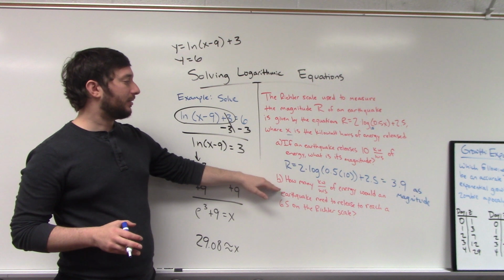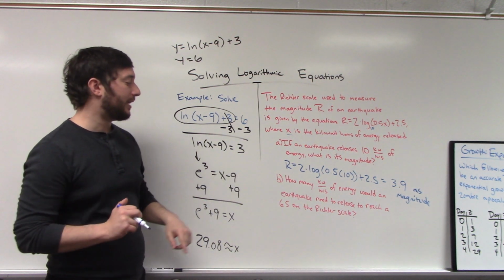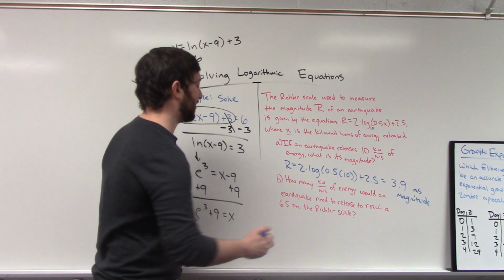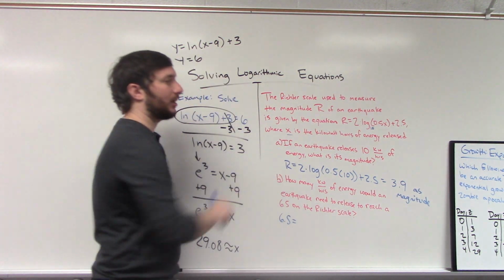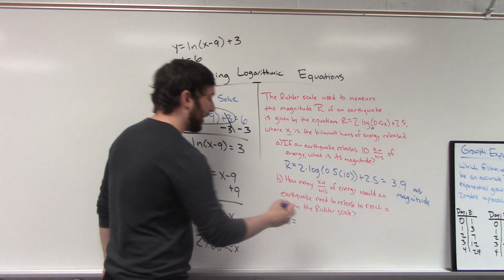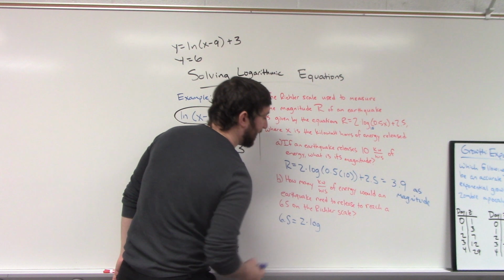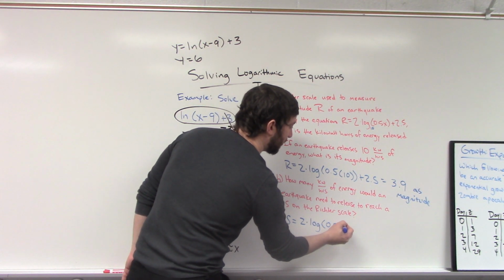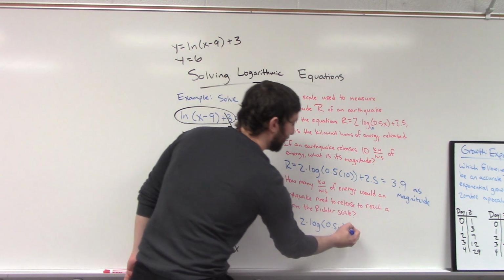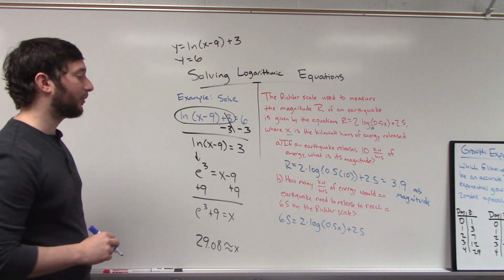The second question here is going to reverse the variable that we're looking for. So now we know that we have a 6.5 on the Richter scale. R is 6.5, and what we'll be looking for is X. How many kilowatt hours of energy have to be released in order for us to reach that magnitude? Solve for X, in other words.